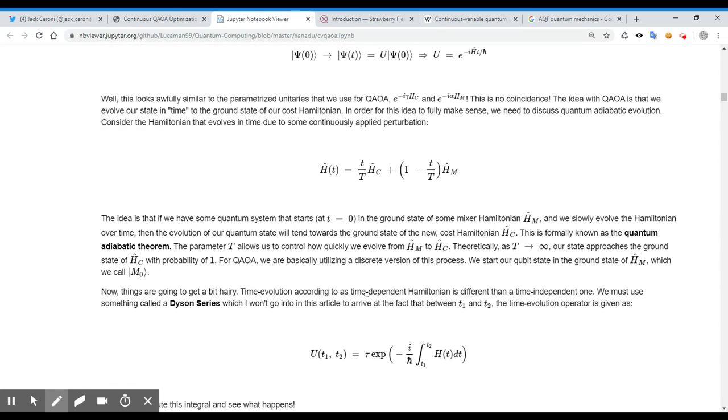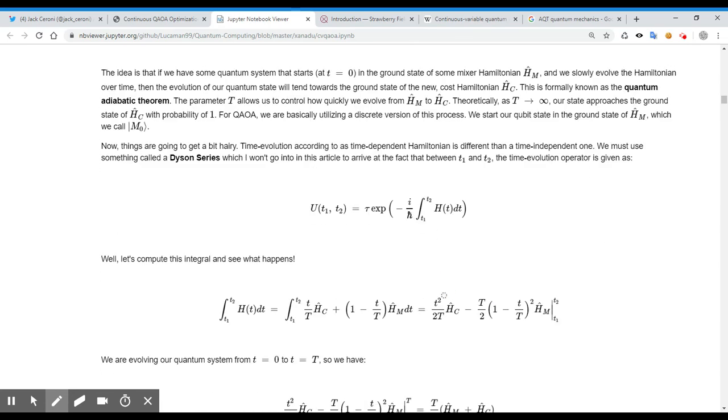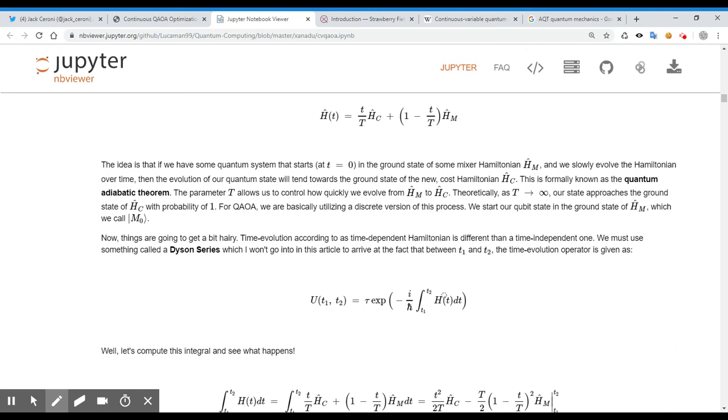In theory, if that t approaches infinity, which means you're kind of waiting forever, then it takes you ideally to the pure ground state. But you don't need to approach infinity to get close enough to the ground state. And so he's plugging in all those equations to find out what things need to happen in between.